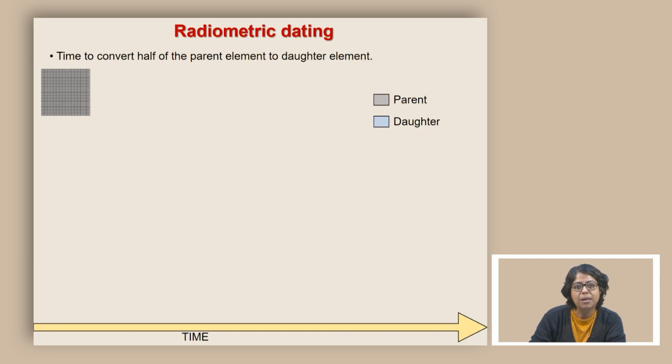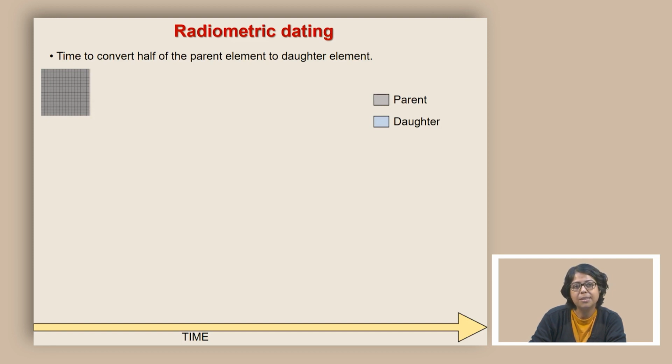If we start with some parent elements, after a fixed time, some of them are going to go through radioactive decay and convert to another daughter element, and that daughter element can be a stable one or another radioactive element which will further decay.